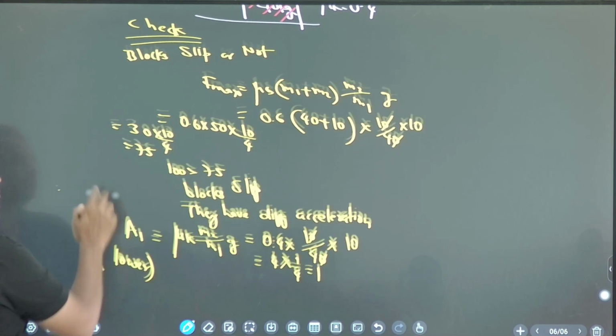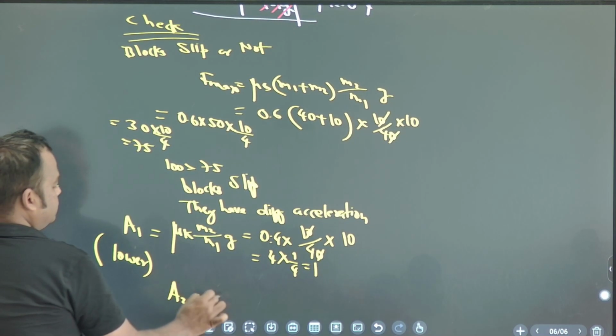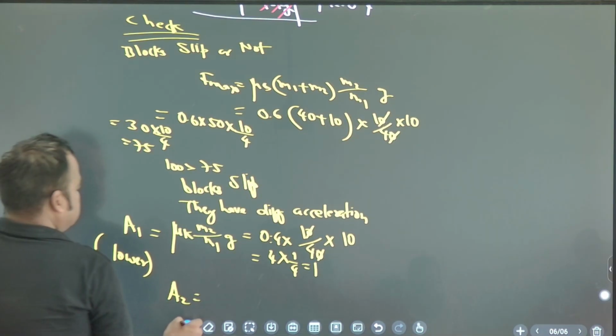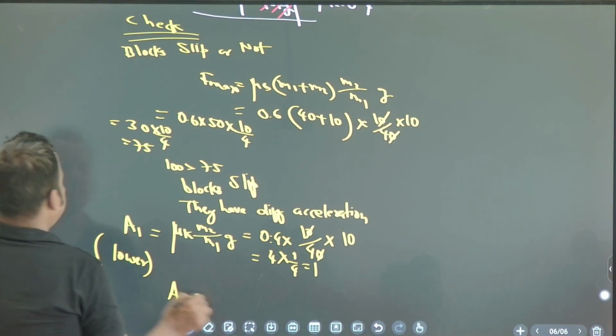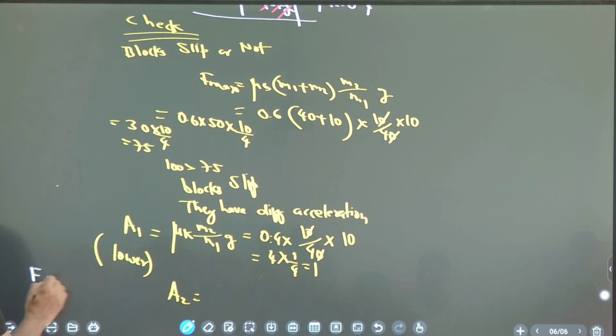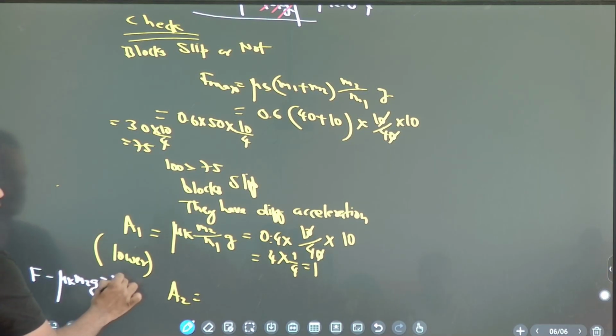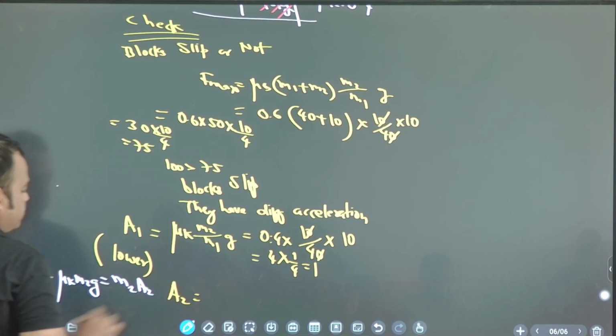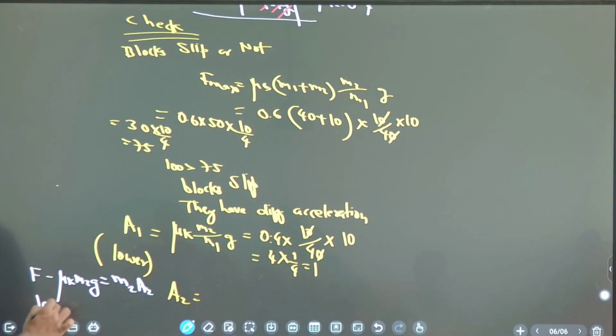Now what is A2? Upper block. You can solve it like this. F minus mu k M2G is equal to M2A2. Now F is 100 minus mu k M2G.